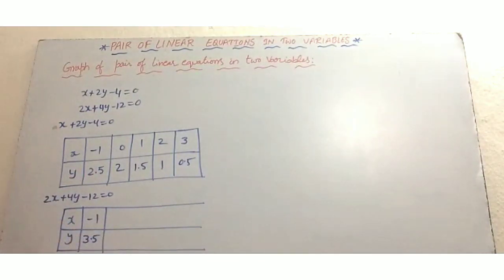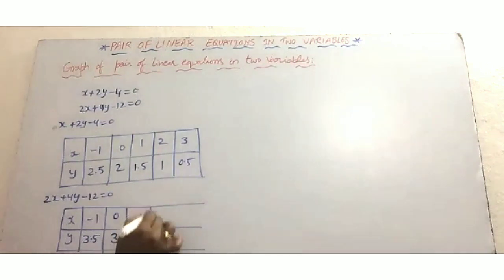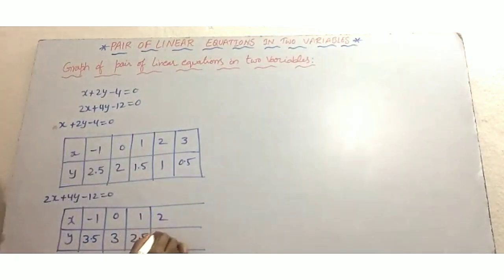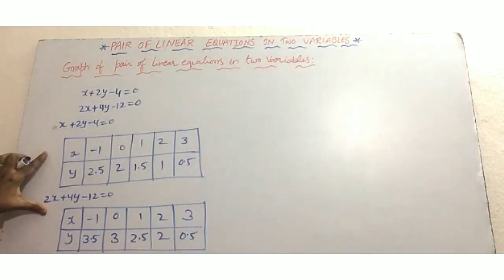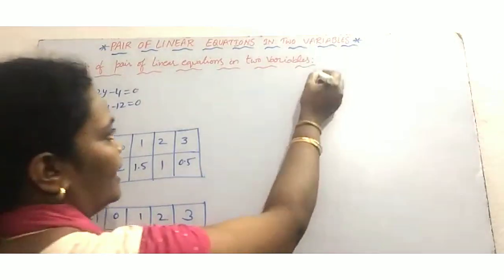If x is equal to 0, we will get 3. For x is equal to 1, we will get 2.5. For x is equal to 2, we will get 2, and for x is equal to 3, we will get 1.5. So now we draw these two linear equations. We will draw the graph.